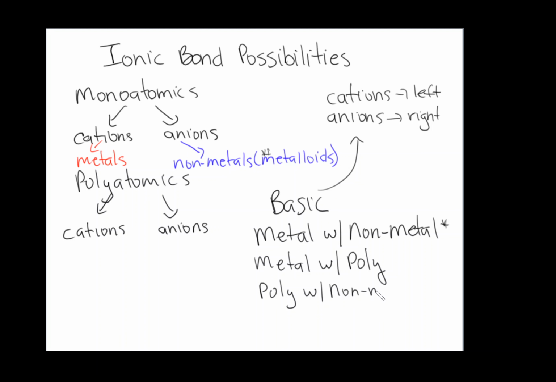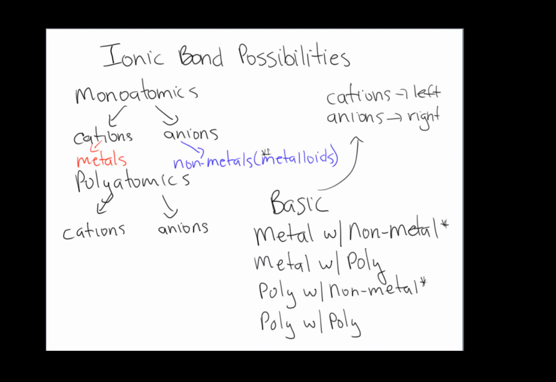Don't forget the metalloids. Absolutely. And the last variation is I could do a poly with a poly. So even though the basic definition is a metal with a nonmetal, that's not quite the whole story. You do need to realize that any combination of a cation with an anion gives you an ionic bond.